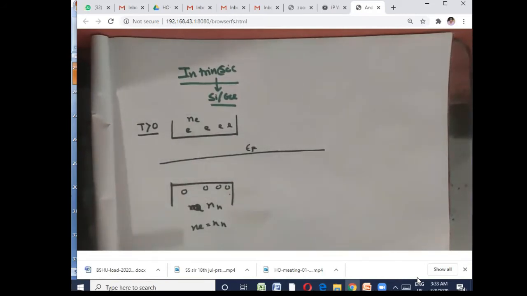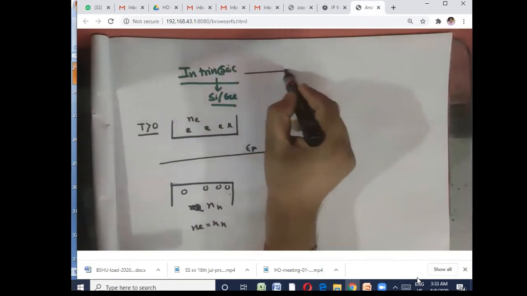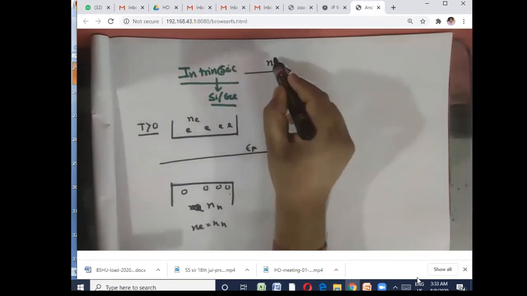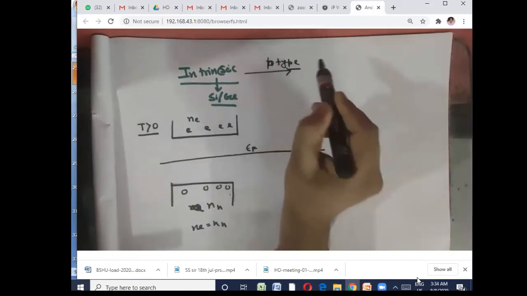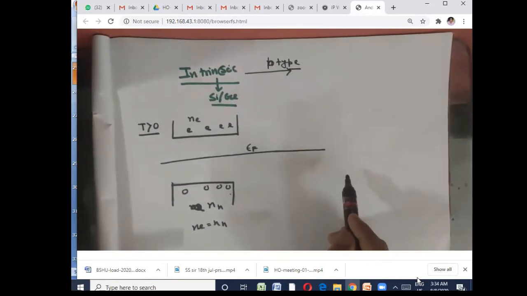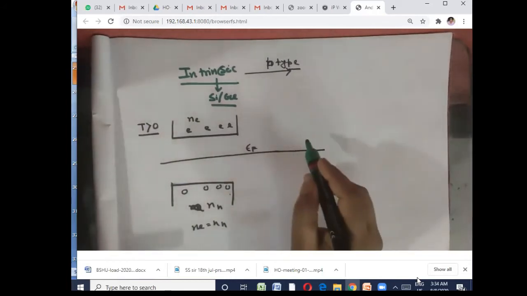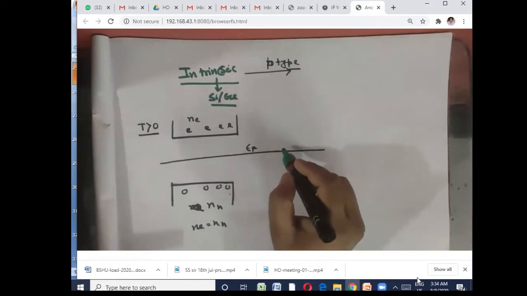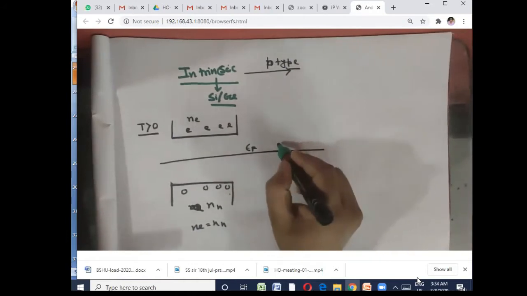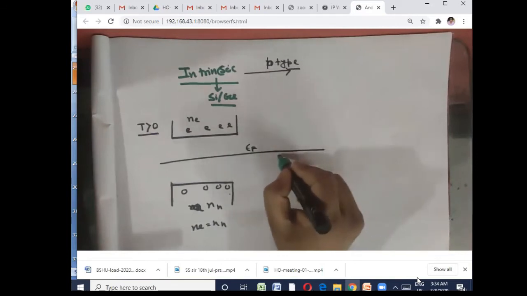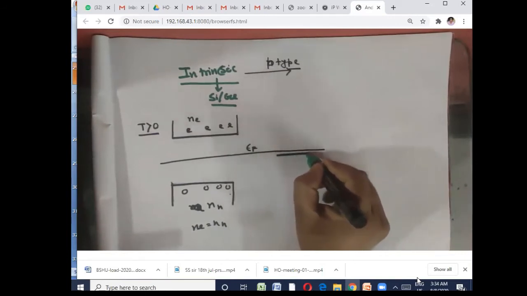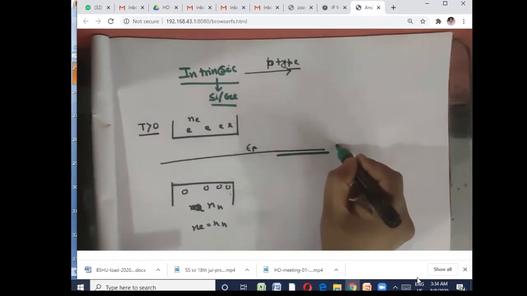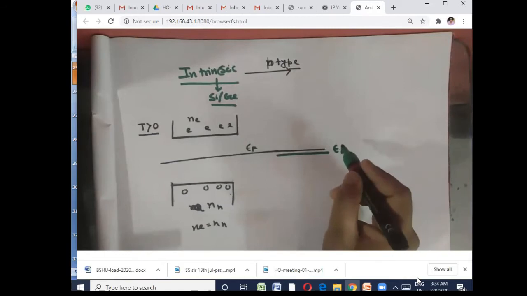Now suppose I dope it, do n-type doping, or let's say p-type doping. P-type doping means you are adding an acceptor like aluminium, which will be accepting the electron. So who will be accepting the electron? You need an acceptor level, which is coming from the p side.